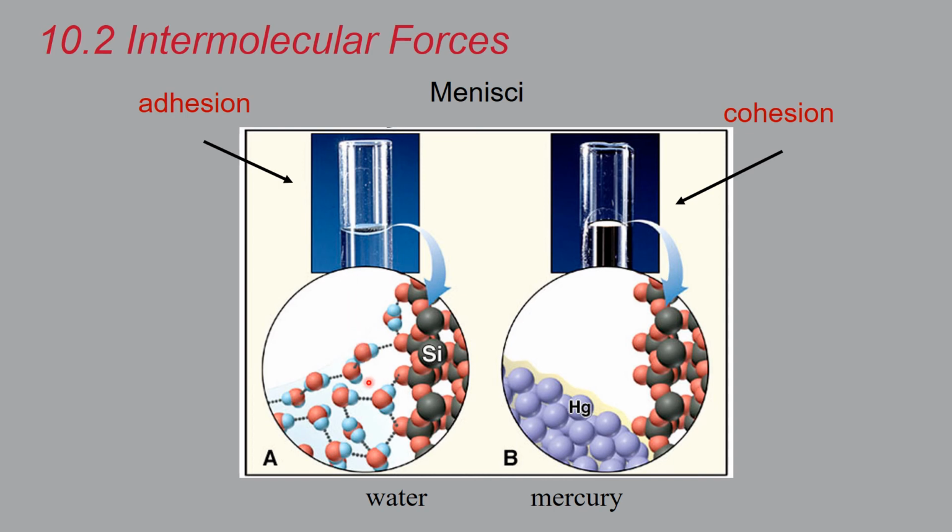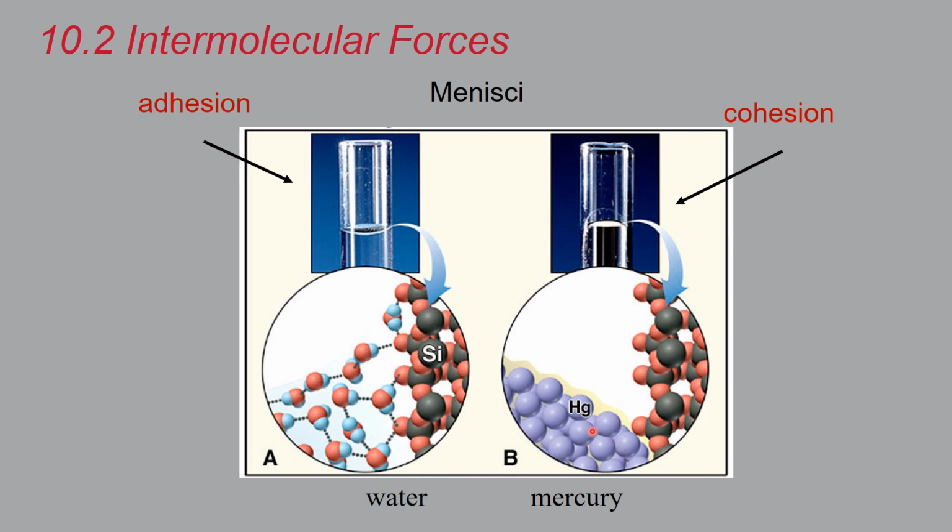Now, could you make it go the opposite direction? Yes, you could. So water is very polar, gets along with the polar glass. Liquid mercury, for example, is not polar at all and would rather not interact with the very polar sides of the glass. So mercury actually has a meniscus that is the opposite.